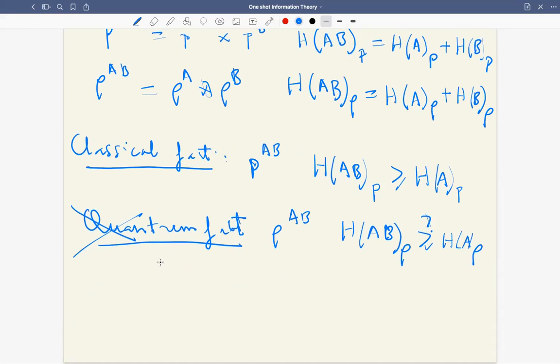Can you come up with an example where this goes for a toss? I know it's hard, but whatever I've taught you so far, you already know the example.